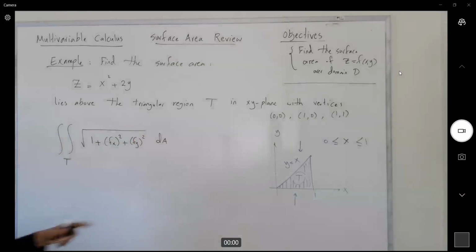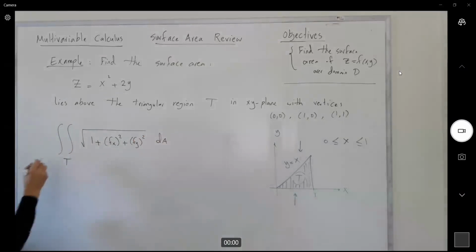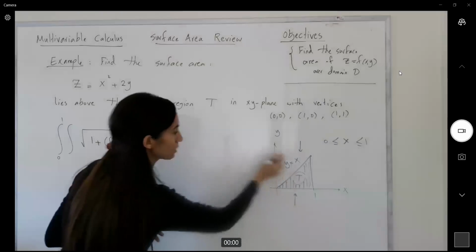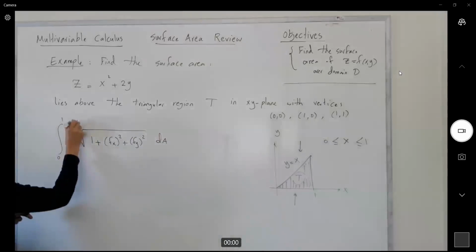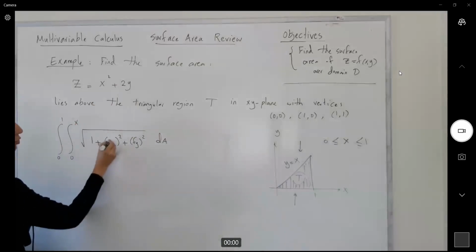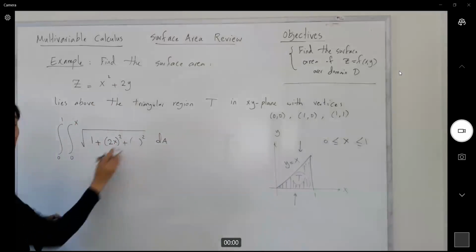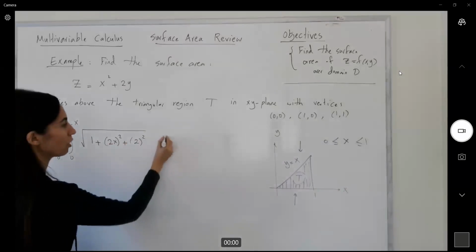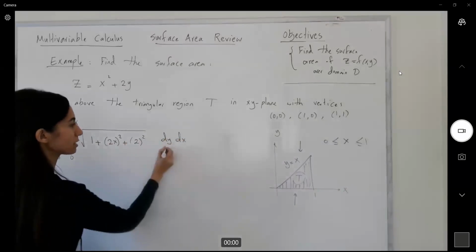So it's over T. We know that x ranges between 0 to 1, and y ranges between 0 to x. The partial derivative of f with respect to x is 2x, so 2x squared, and the partial derivative of f with respect to y is just 2. And here we have dy dx.